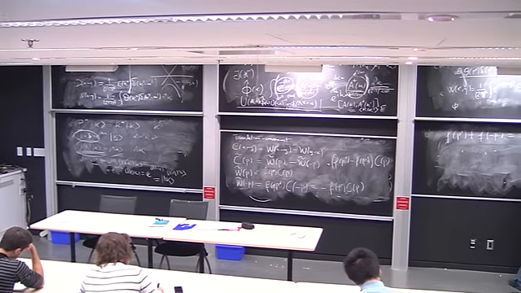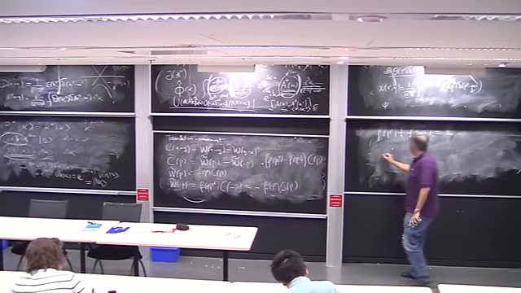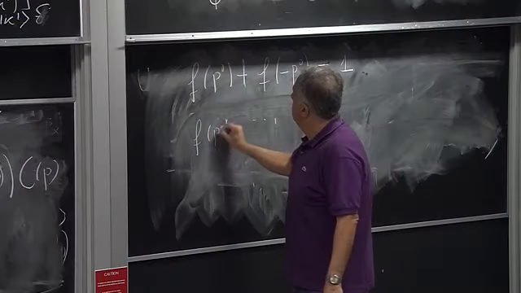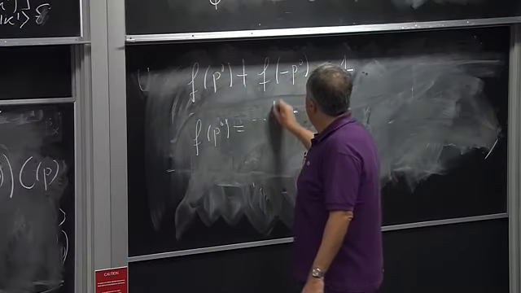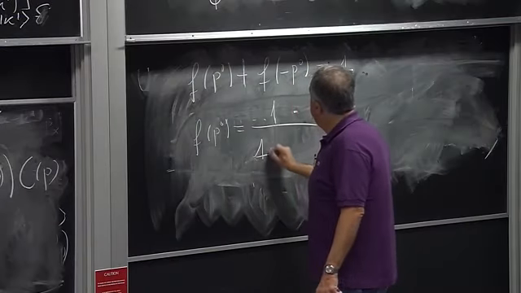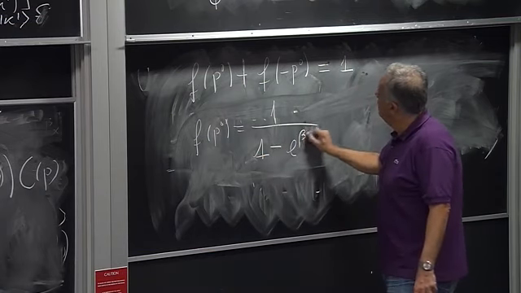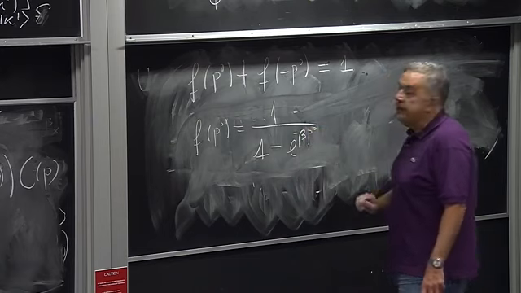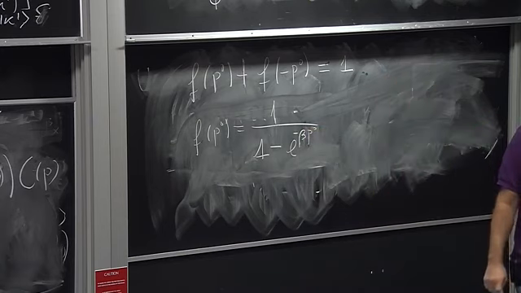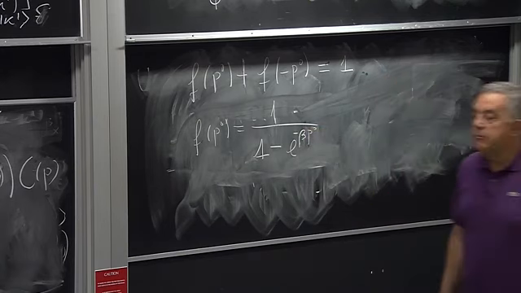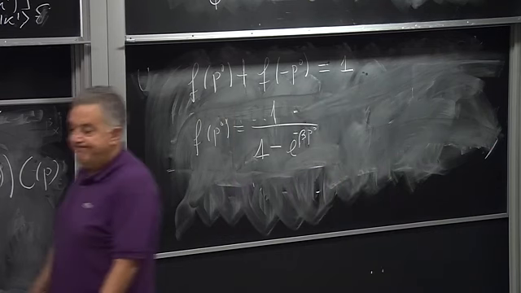So let's do this ansatz. F of P0 is 1 over 1 minus the exponential of minus beta P0, where beta is a positive number.